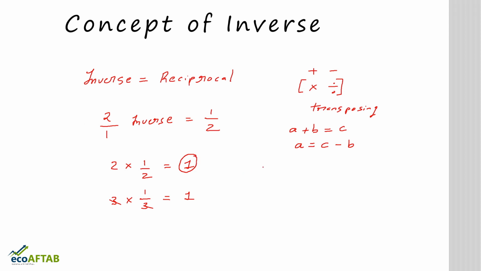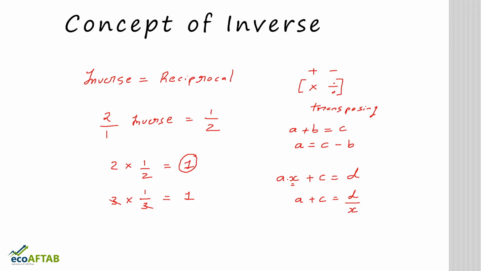And the second part is transposition. If I say ax plus c is equal to d, and I want to bring x to the other side, it becomes a plus c is equal to d by x.